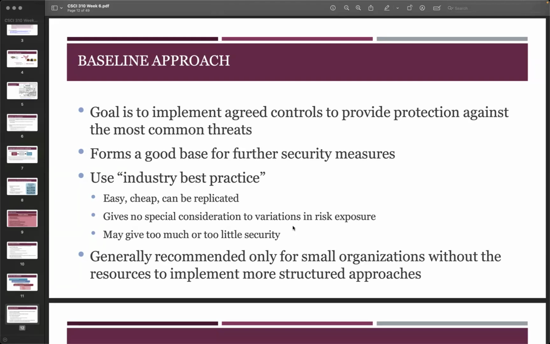Okay, let's set up something, the right SSL, the least privilege, giving no special consideration to variation in the risk exposure, so it may give too much or too little security. This is always the first approach we try, as minimum and easy to do, so we don't have to consider too much.